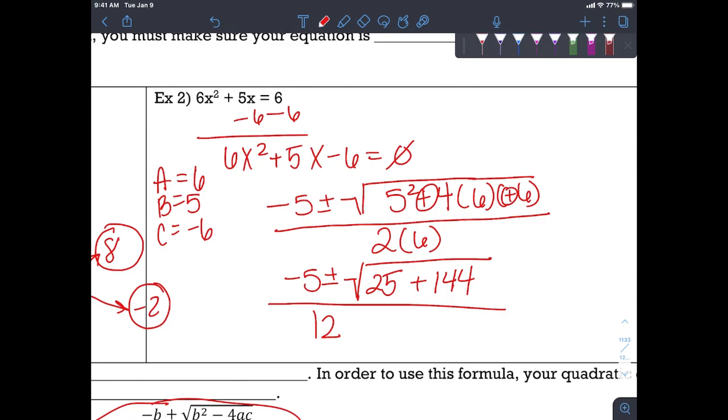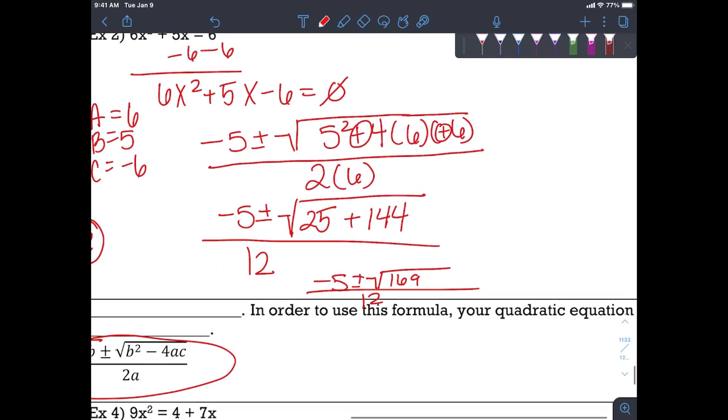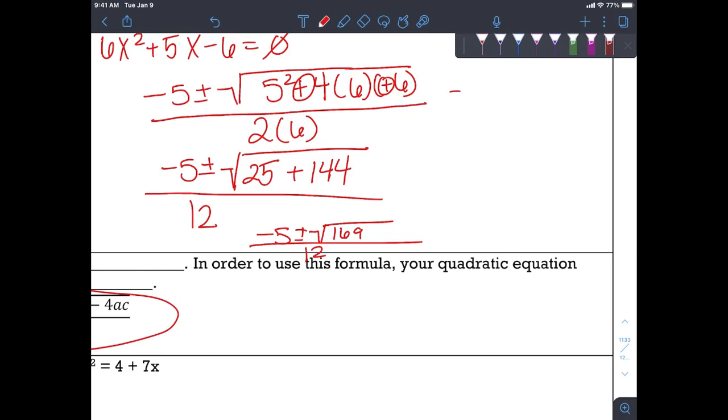Okay, let's keep on going. -5 plus or minus the square root of 169, all divided by 12. Okay, square root of 169. Oh, that's 13. All right. So I'll simplify it just a little bit more. Okay, so we're getting a lot closer here. So let's continue. I'm going to break this one apart.